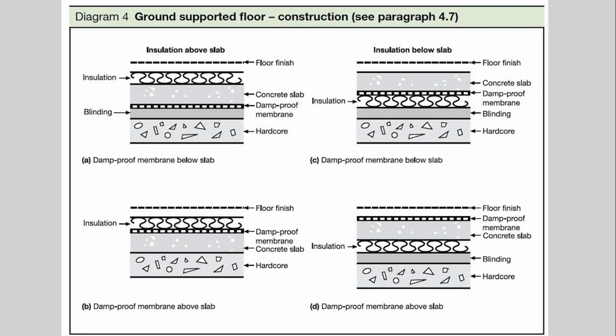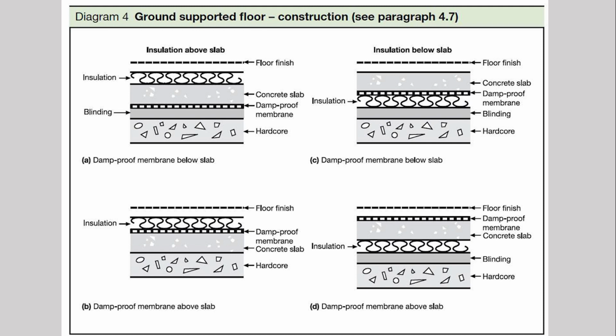So if we start off with the floor itself, this is where we're looking at the provision of the damp-proof membrane. Okay, now if you have a ground supported floor, then you'll normally put some hardcore down. You're likely to then blind that, so you've got a nice smooth surface to put your membrane down onto.